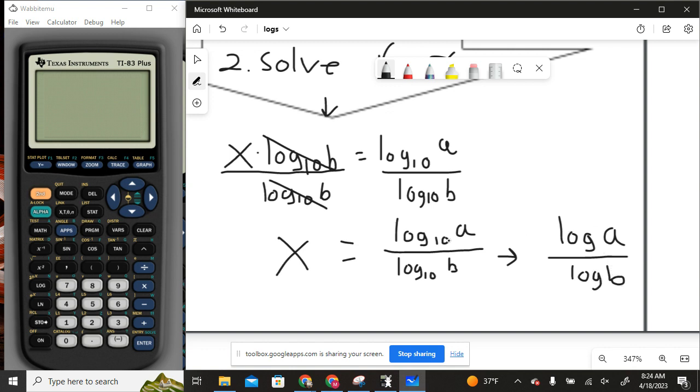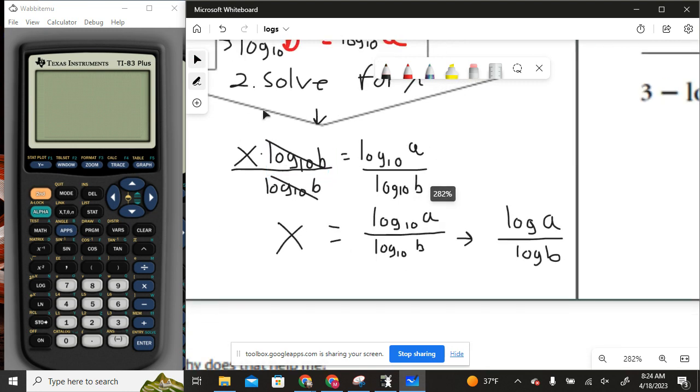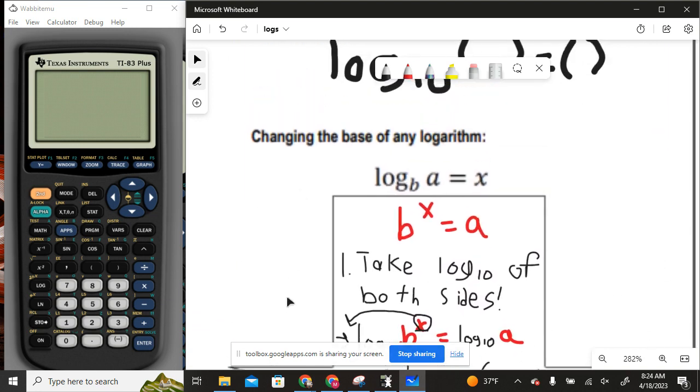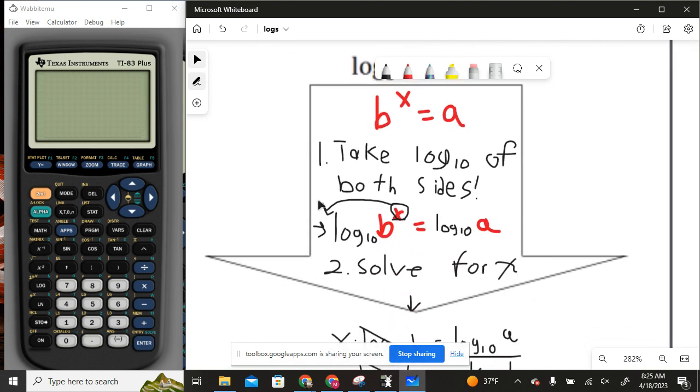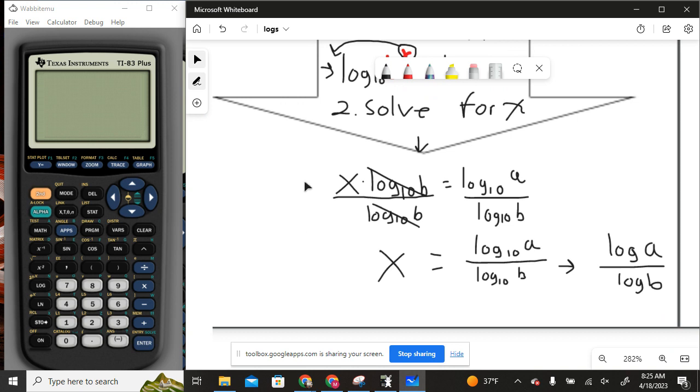Okay? So we're going to have to make sure that we know where all these parts come from. The B, the A, the X, this is all coming from the original version of our exponential equation. So if you do give a log to you, you can change it up, solve it like how we did here, and then you'll be able to find your missing exponent.